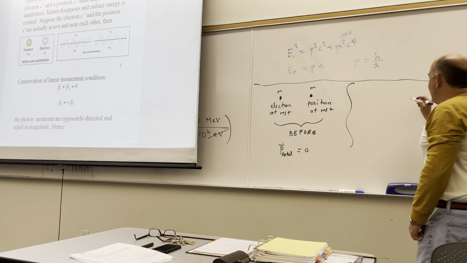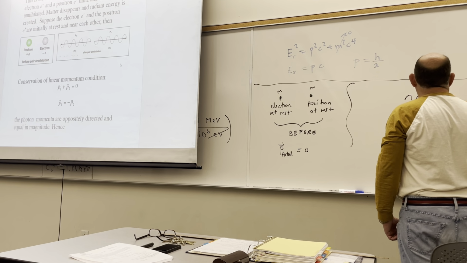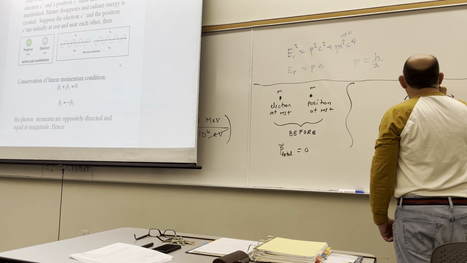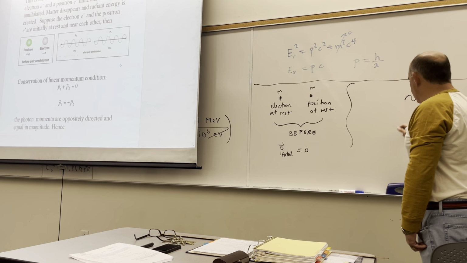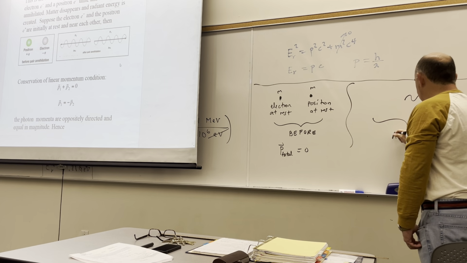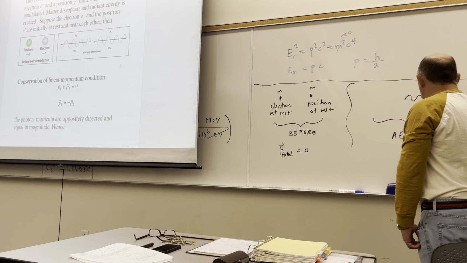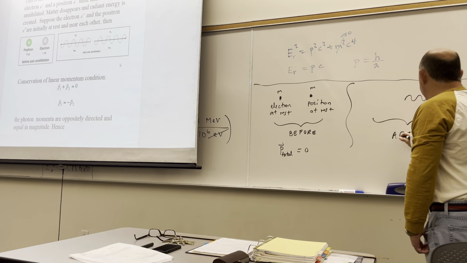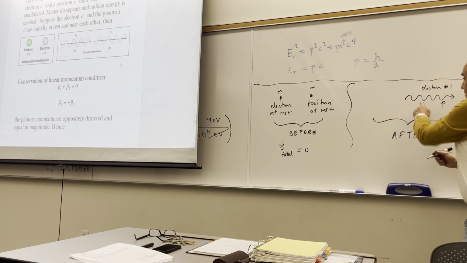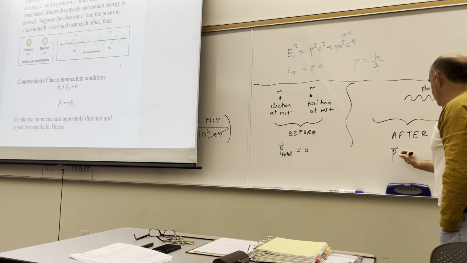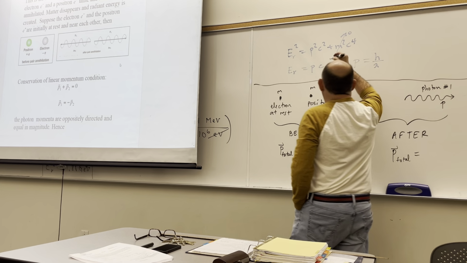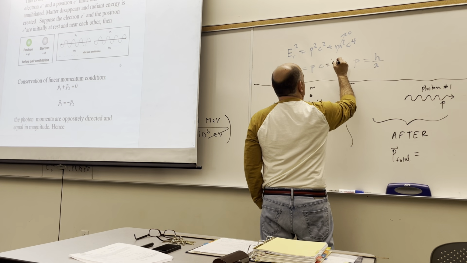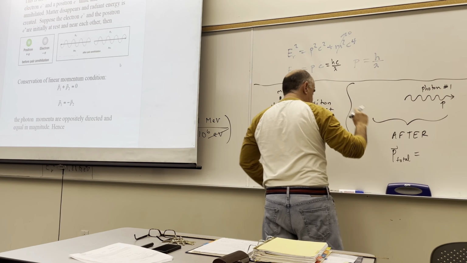If at the end you say that only one photon is produced, photon number 1 with momentum p, then this is after. The momentum of this can be written as hc over lambda.